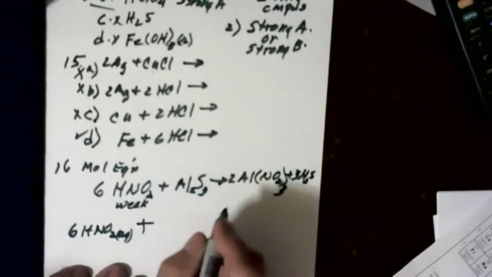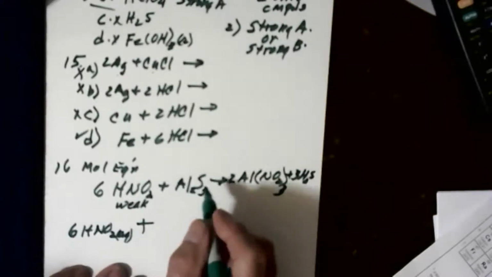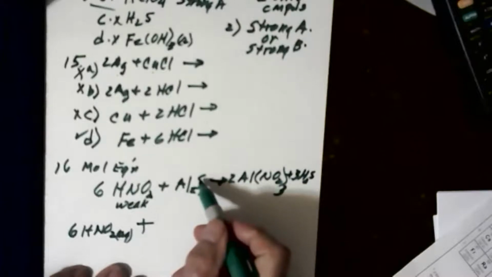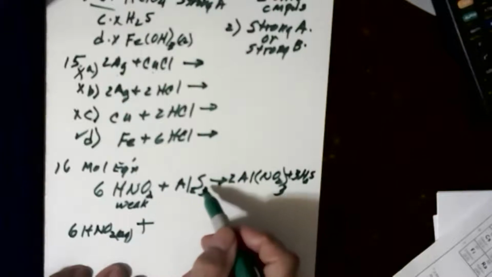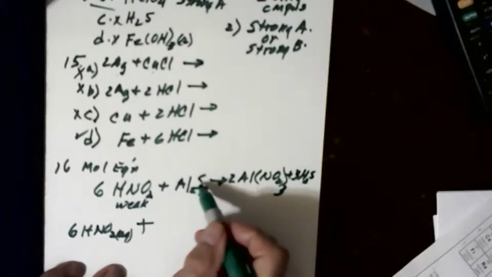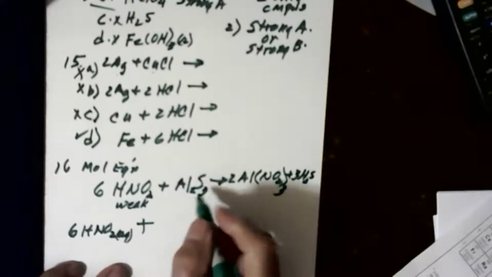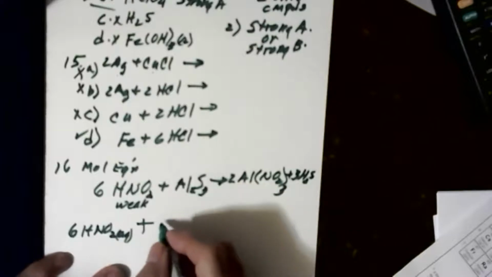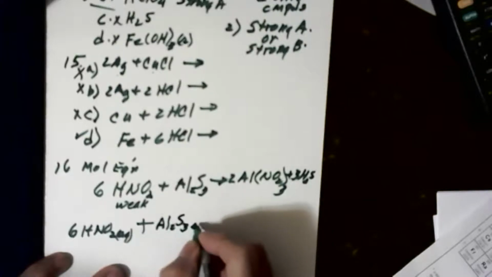Now, let's add to this. Al2S3, will that separate? Well, it's an ionic compound, and sulfides are all insoluble except group 1 and ammonium, from the solubility rules. So this one will not separate either. It's an insoluble ionic compound, so it's going to be Al2S3, and it's going to be a solid.